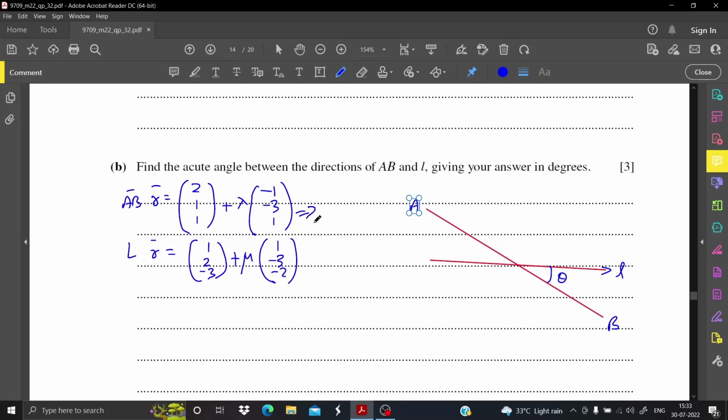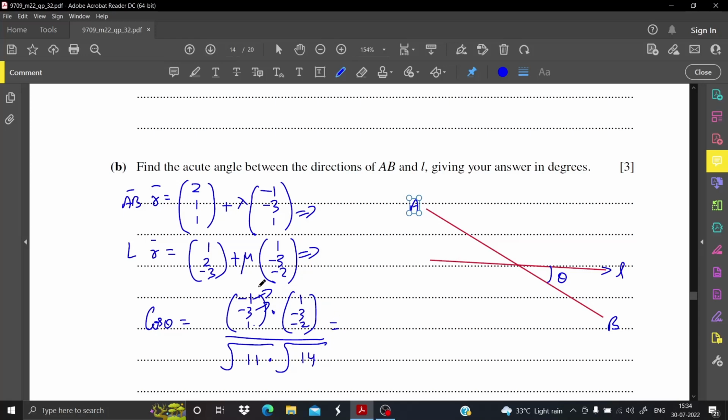So if we want to find the angle between the two lines, always use the directions. So cos theta is the dot product between the two directions, (-1, -3, 1) dot (1, -3, -2), divided by the magnitudes. This will be root of 1 square plus 3 square plus 1, which is 11. And here it is root of 1 square plus 3 square, 9 plus 1, 10, plus 4, 14.